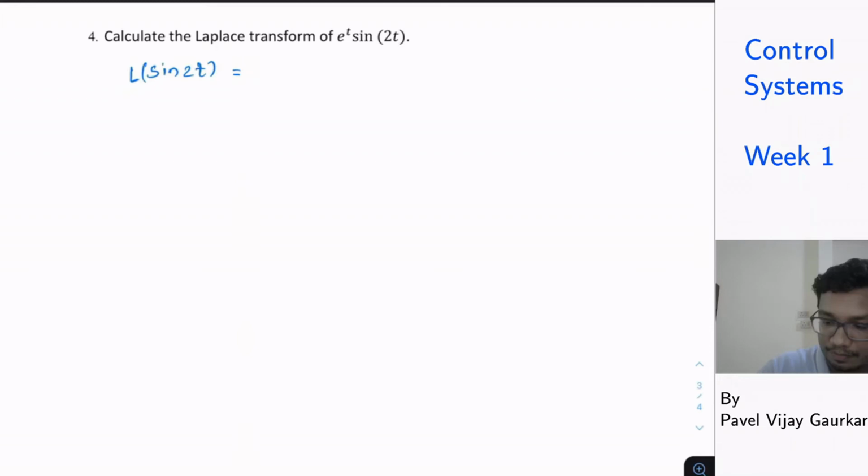The Laplace transform of sine of 2t is 2 divided by s square plus 2, and the Laplace transform of e power t. So isn't it s square plus 4? I mean 2 square. So it should be s square plus 4.